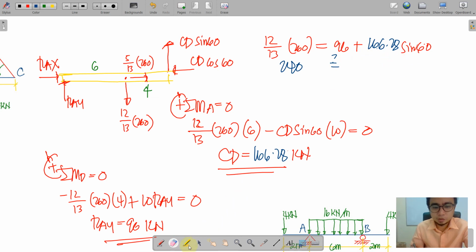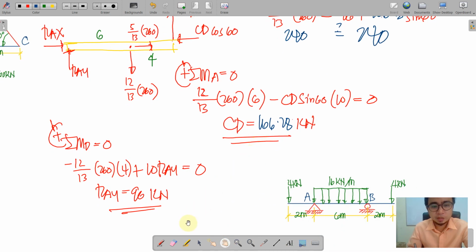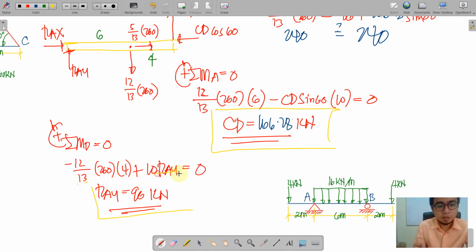Okay, that is 240. That is really equal to 240. Okay, so therefore we are quite assured that our vertical reactions, reaction at the cable and vertical at A, is correct.